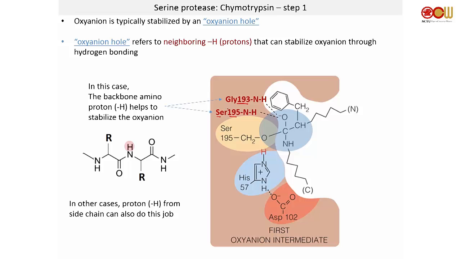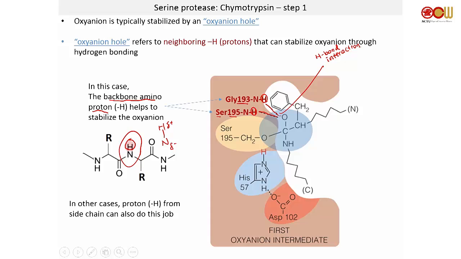But it turns out their backbone amino proton, so this guy, remember here we have NH, partial positive, partial negative. So you have a bunch of partial positive protons or hydrogens here. That's sort of going to draw the attention of your negative charge. So what do you have here? This is essentially your hydrogen bond interaction, right?